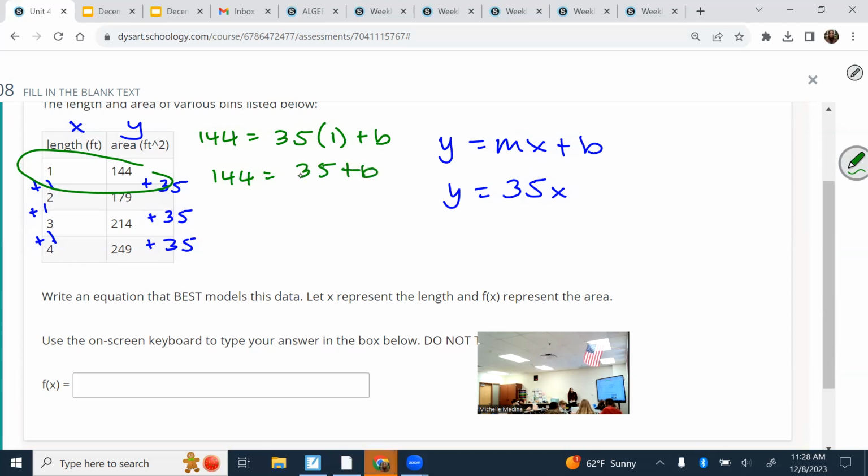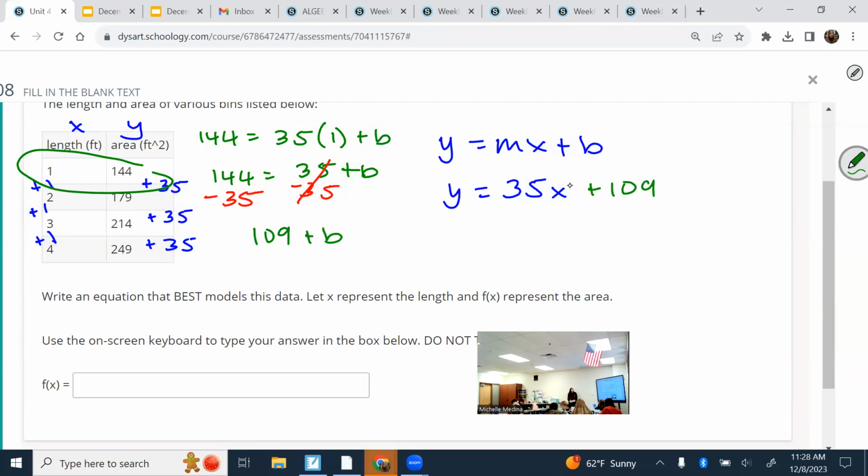How do I cancel out this 35? Subtract it, whatever you do on one side. And then 144 minus 35 is 109. So that would be my y-intercept.